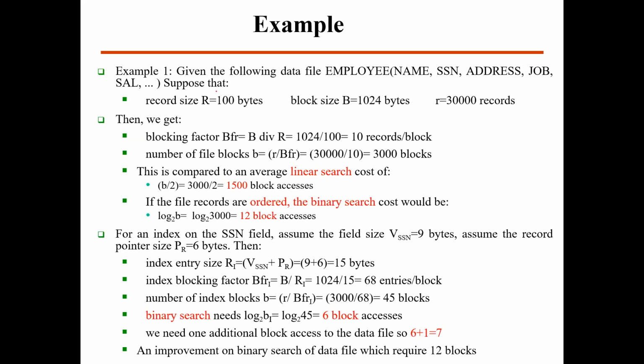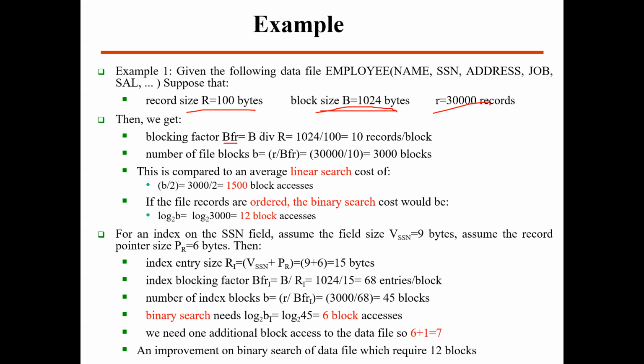Now let us do an example here. If the data file of an employee holds 30,000 records, and each record is of size 100 bytes, and the block size, for example, each block is holding 1024 bytes. Now let us see how we calculate the blocking factor.